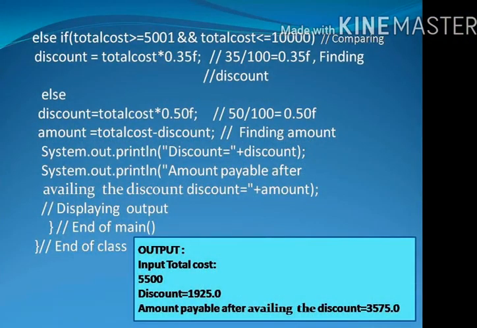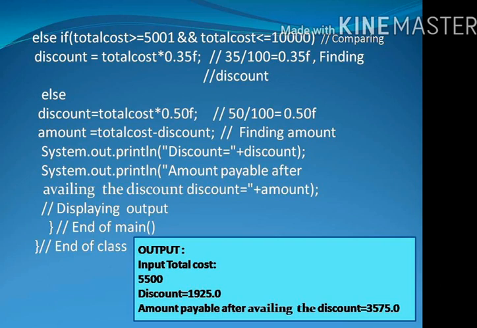The next slide contains the next part of the program. Else if, in the same way, totalCost >= 5001 && totalCost <= 10000.